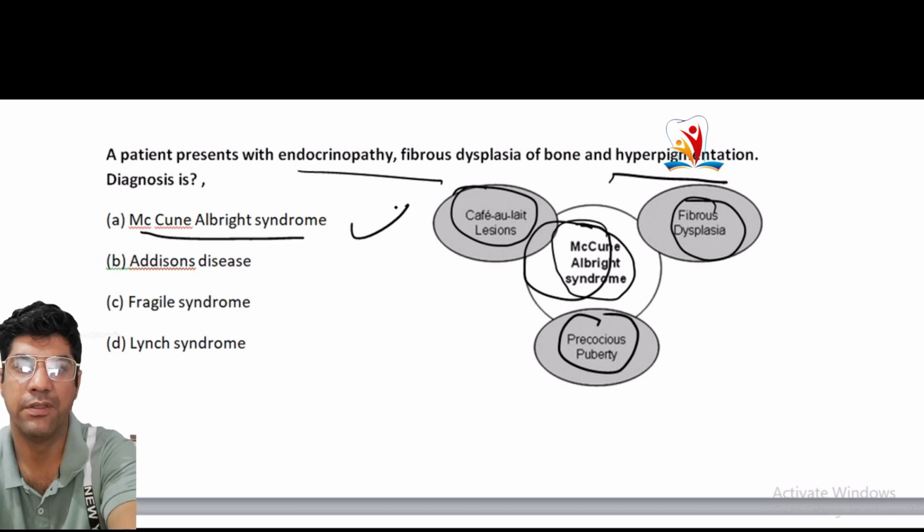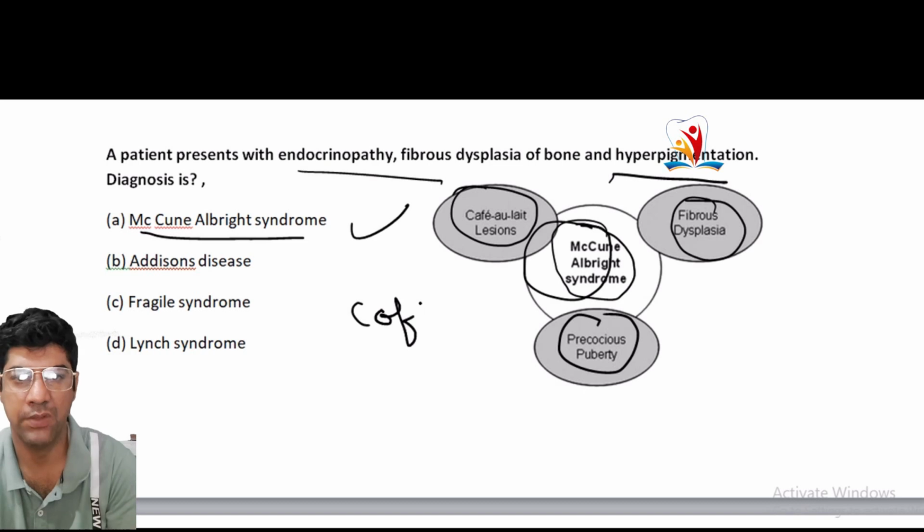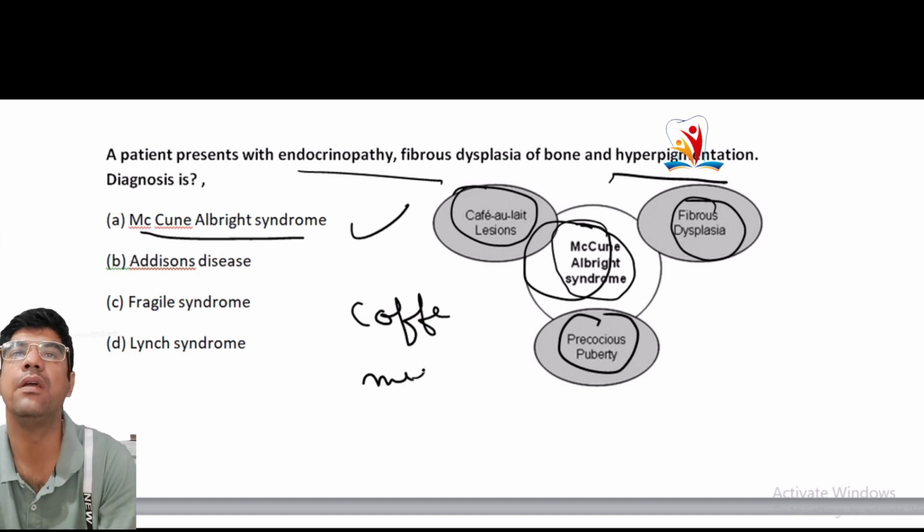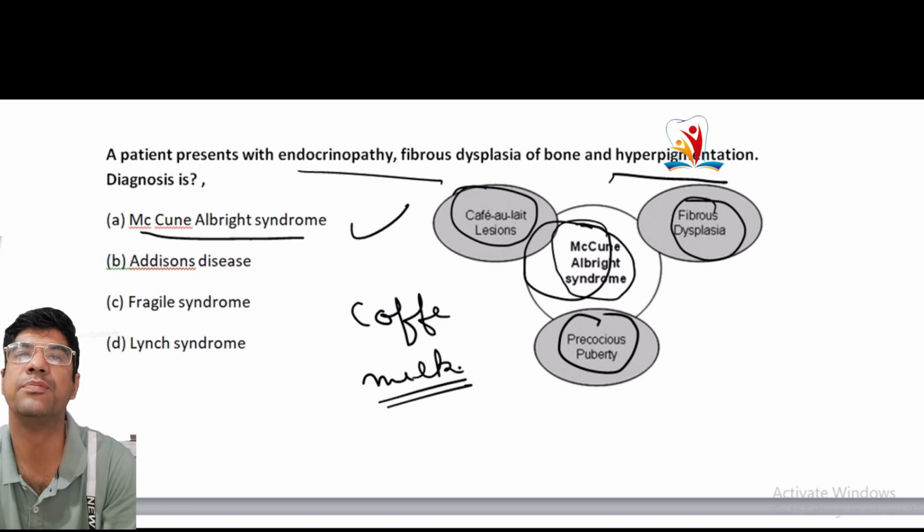So cafe-au-lait spots are hyperpigmentation on the skin that are also described as coffee with milk colored spots.